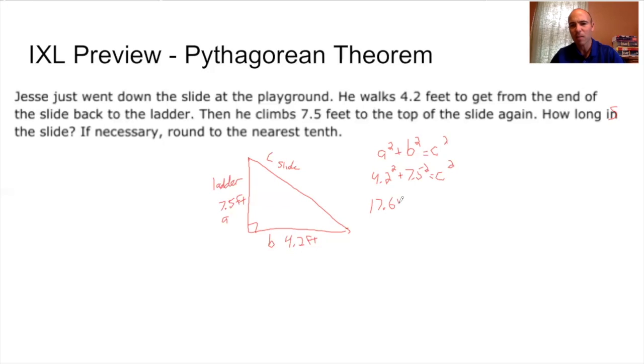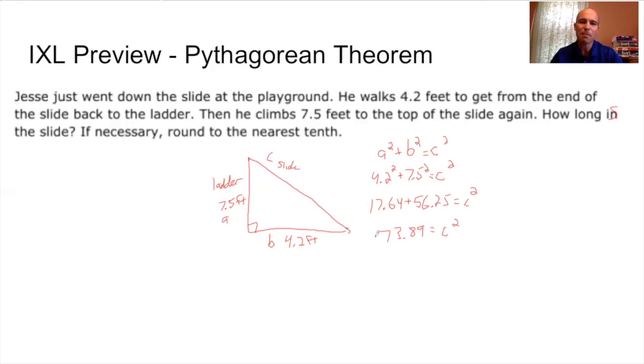So, hey, my conscience is clear. 7.5 times 7.5 is 56.25. Yes, I'm going two decimal places. Okay, so add those two together: 73.89, right?